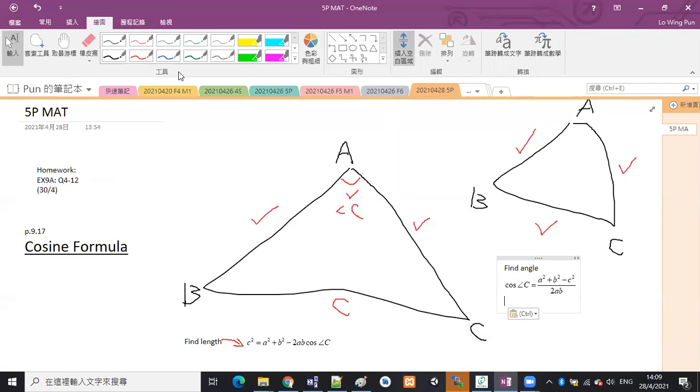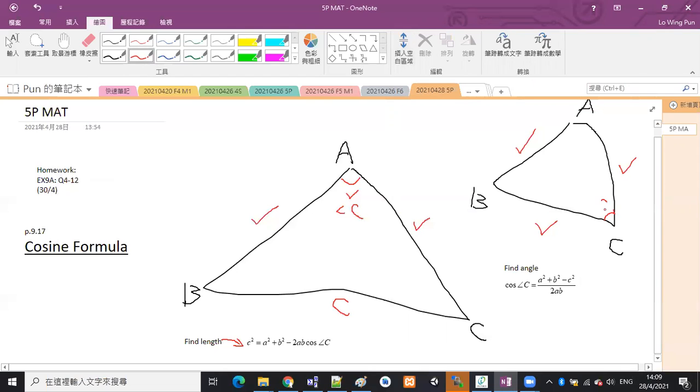If we want to find this angle, angle C, then which side being A and which side being B does not matter.